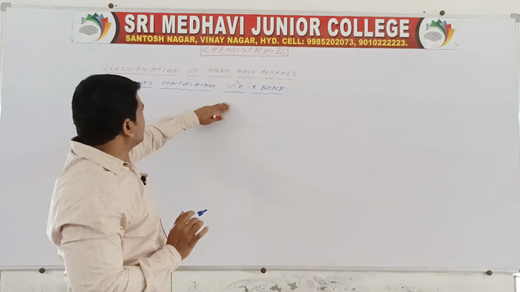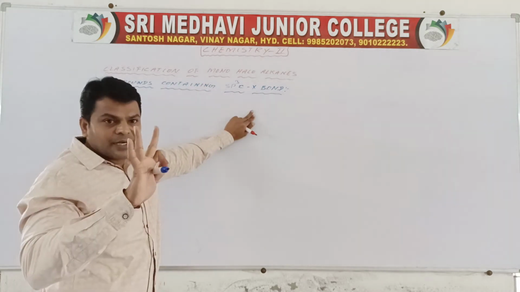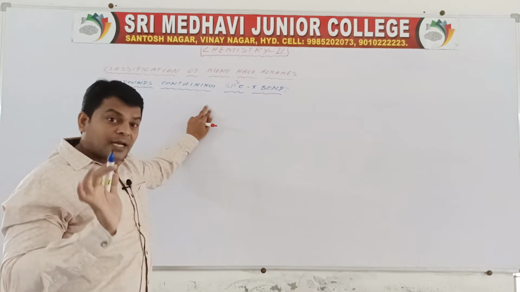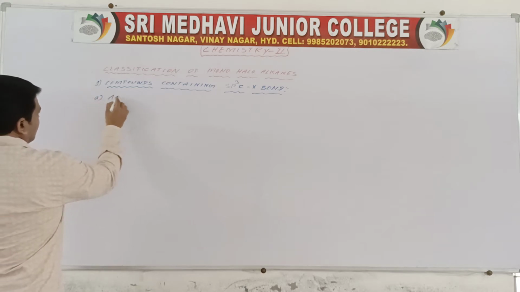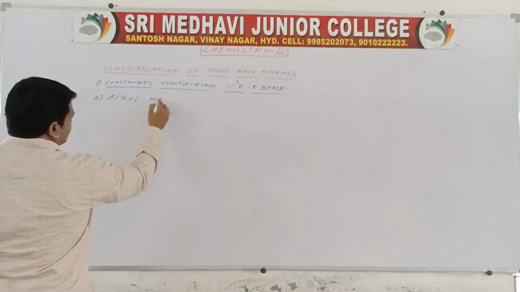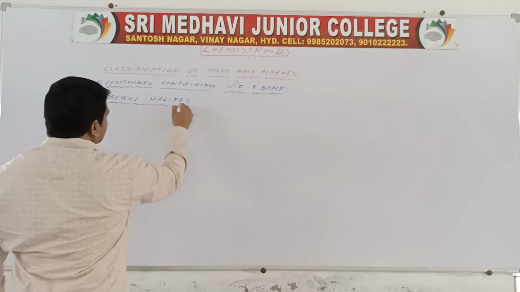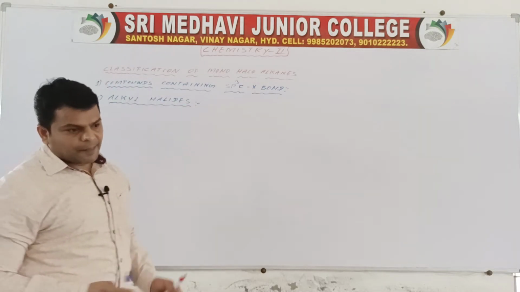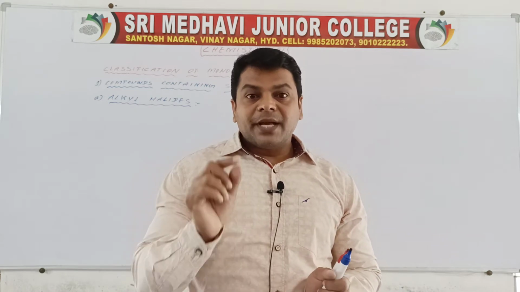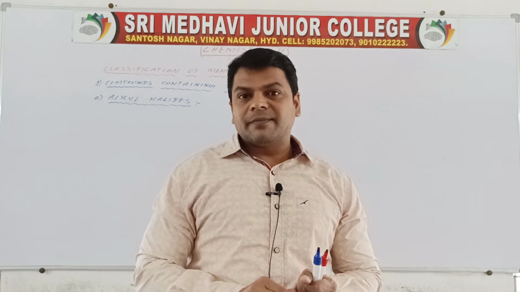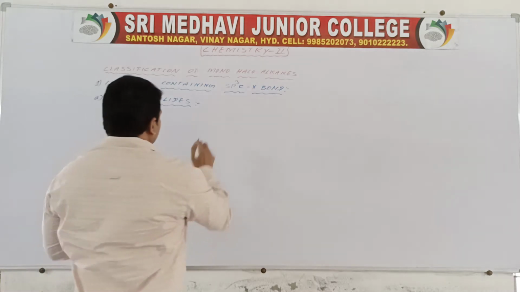Based on this factor, monohaloalkanes are classified into three types. The first one is alkyl halides. Based on the alkyl group attached to the carbon atom, these alkyl halides can be classified into three types.